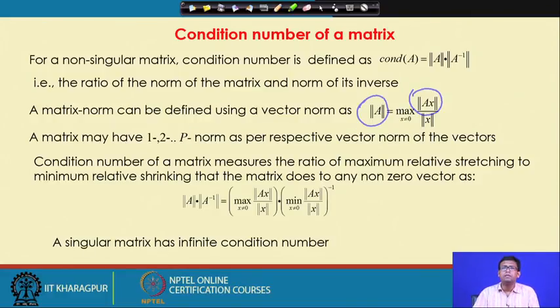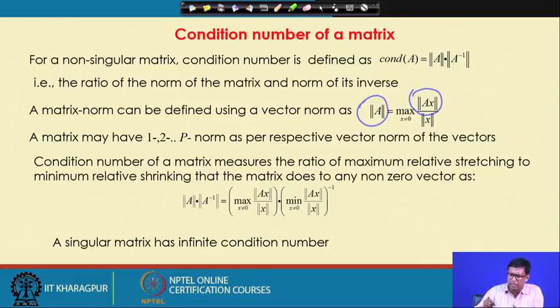A singular matrix will have infinite condition number. Why? Because for a singular matrix there is some 0 in A. So, multiplying a vector by a singular matrix will probably result in 0 stretching, and A inverse will be 1 by 0, and therefore, the matrix will have infinite condition number.